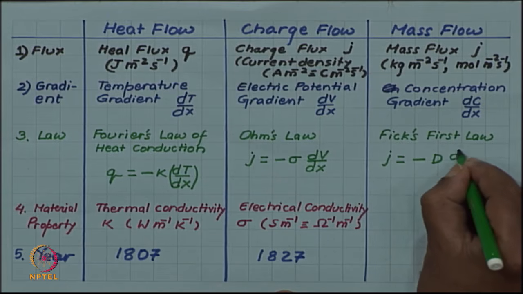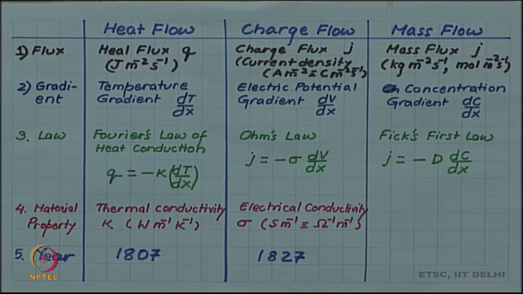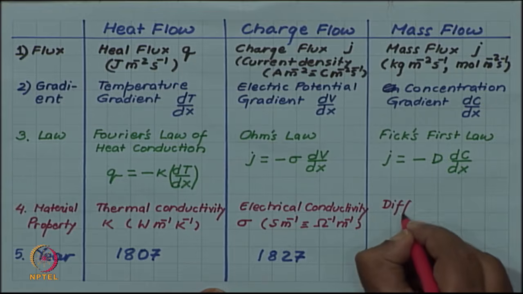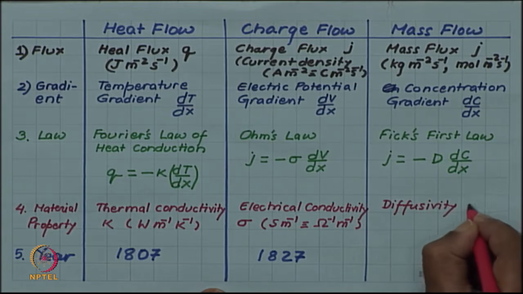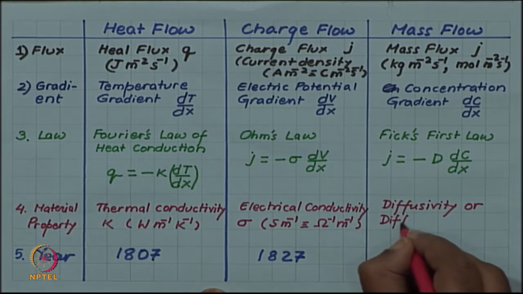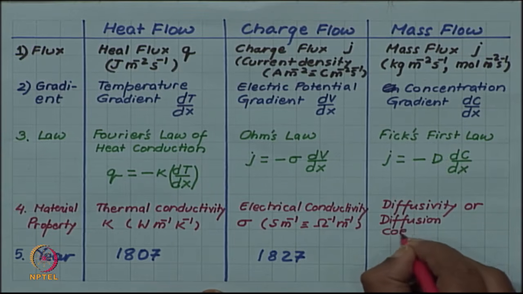So, dC by dx. The property D here was named diffusivity, or sometimes also known as diffusion coefficient.